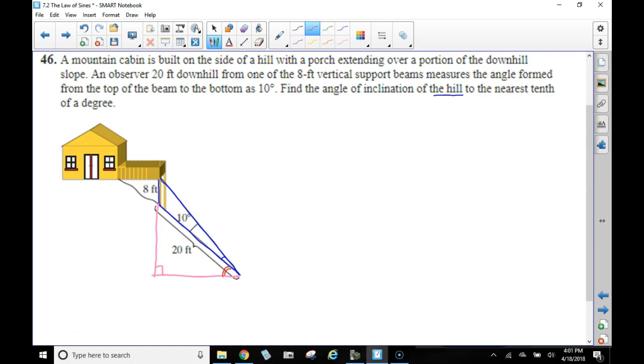That is going to be the angle of inclination of the hill. Remember, angles of inclination and angles of depression are always measured with respect to the horizontal.